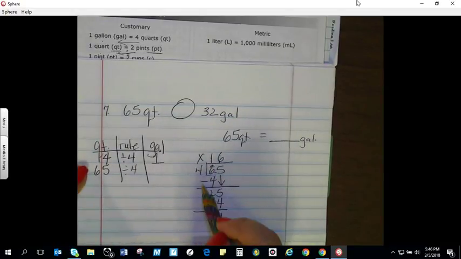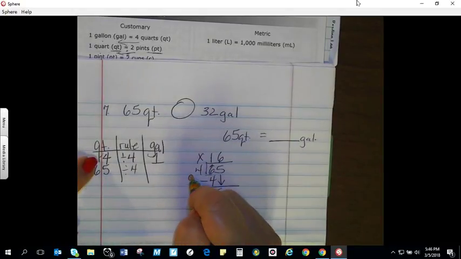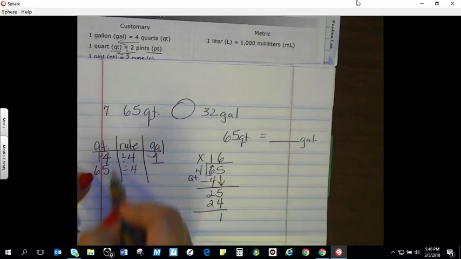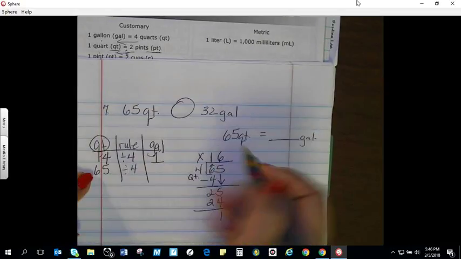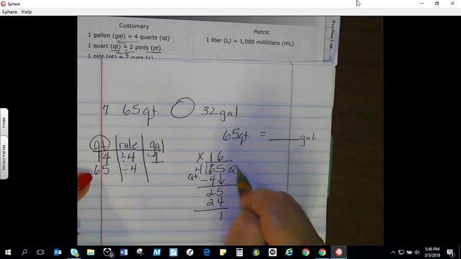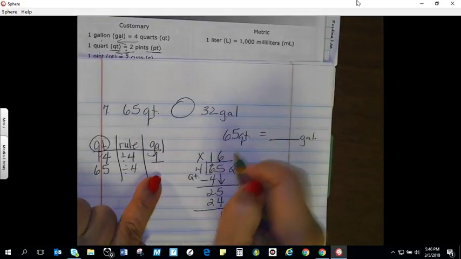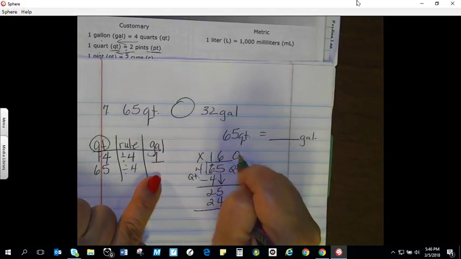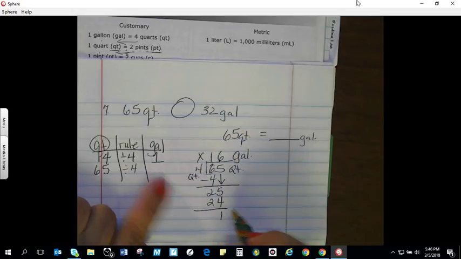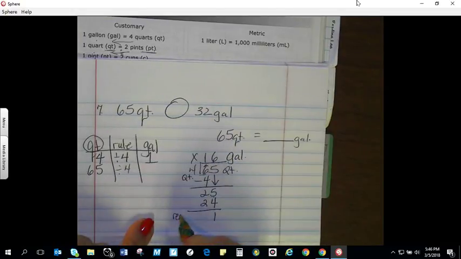Don't forget that my 4 represents quarts. My 65, see it's right here? My 65 also represents quarts. I'm looking at my quotient being gallons, which means also that my remainder is in quarts.